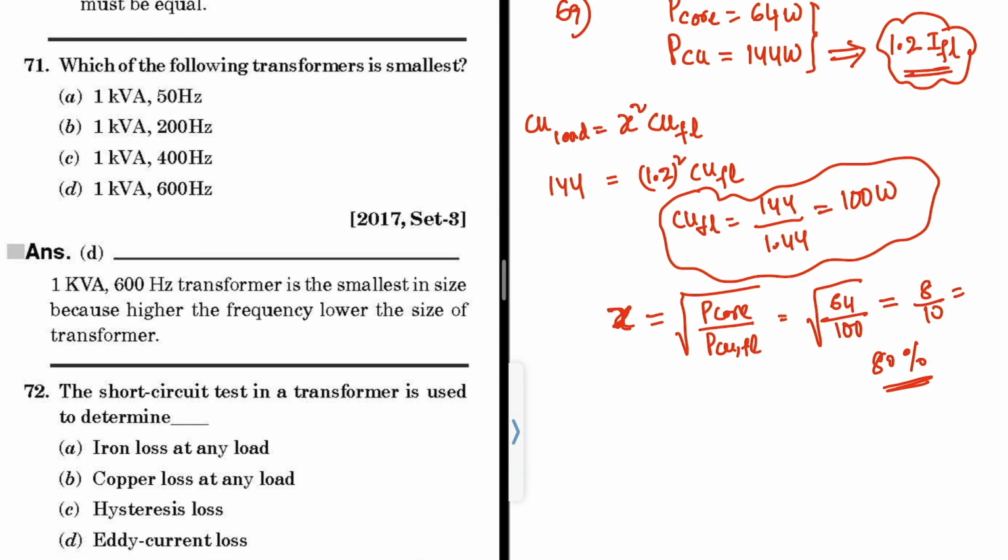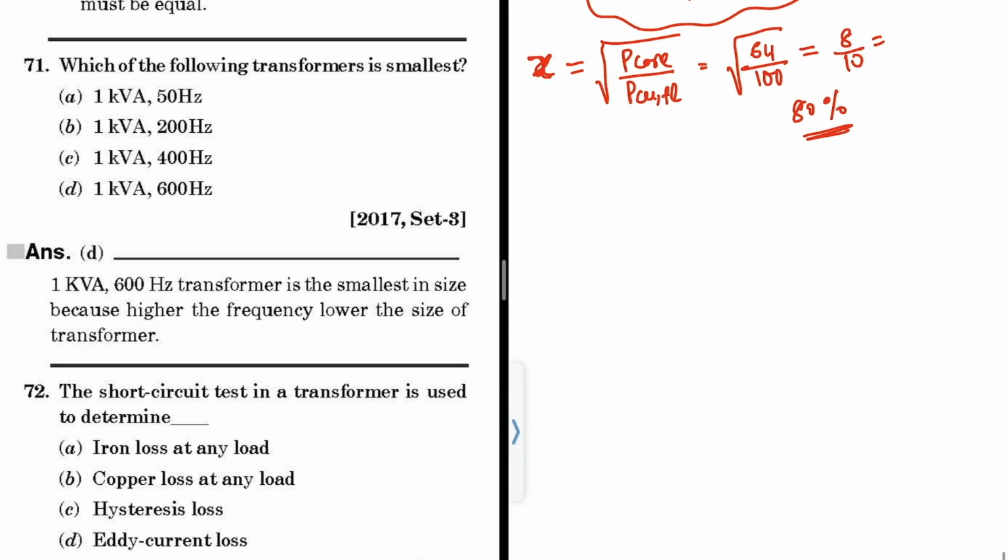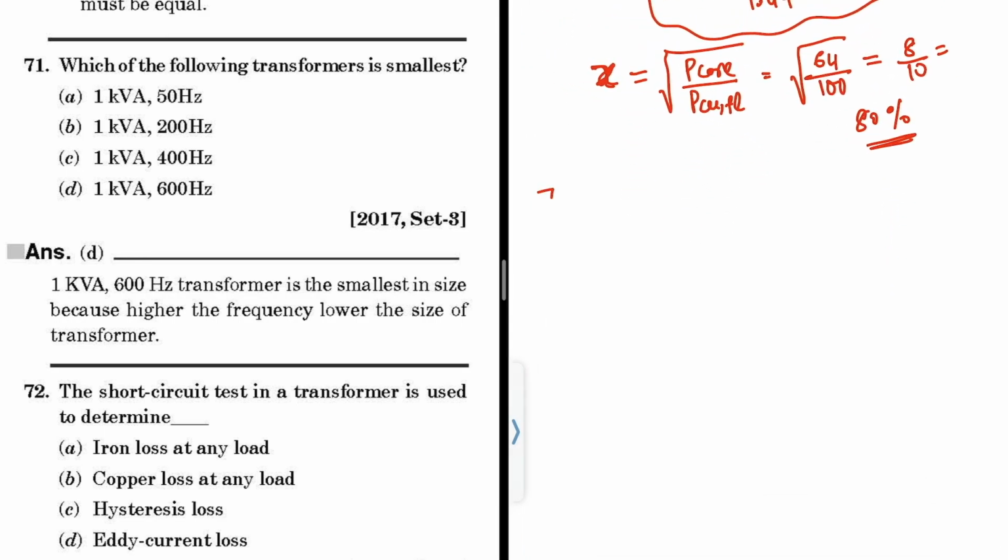Okay. So which of the following transformers is smallest? In order to calculate this, we have to see the kVA by frequency. This will give the information of the specific weight of the transformer. So if this ratio is more, then the weight of the transformer is more. That means it is the large transformer.